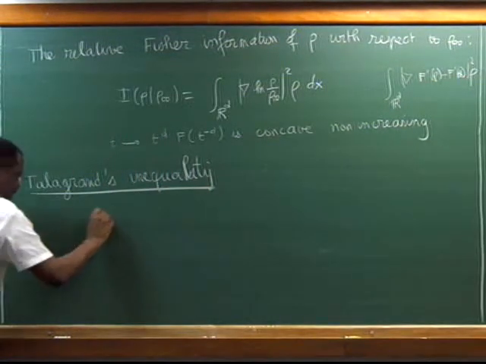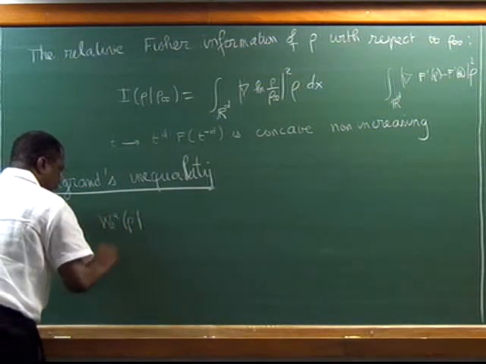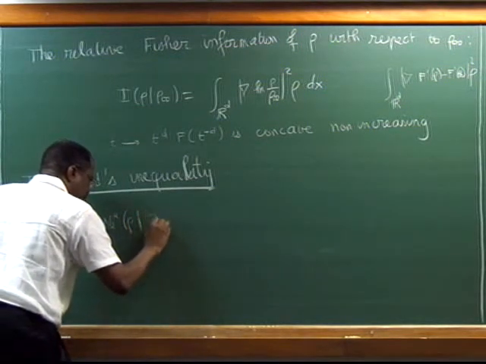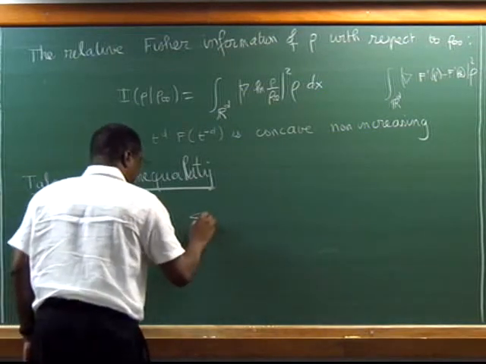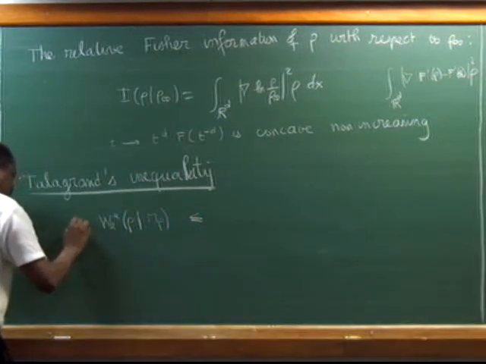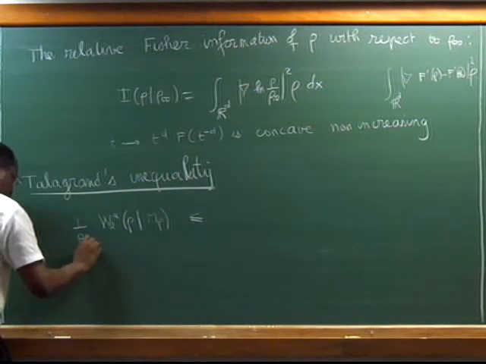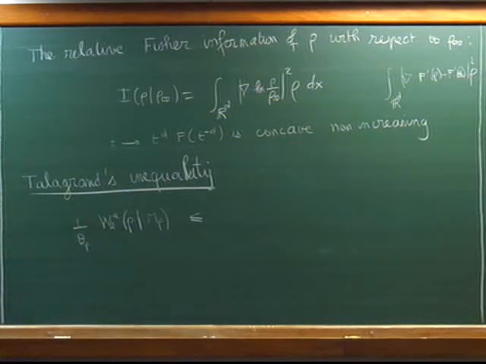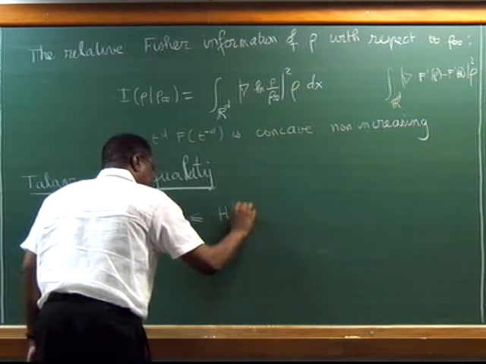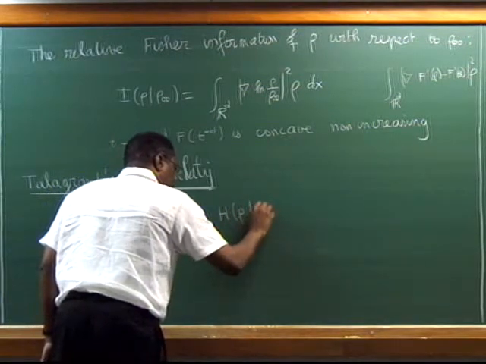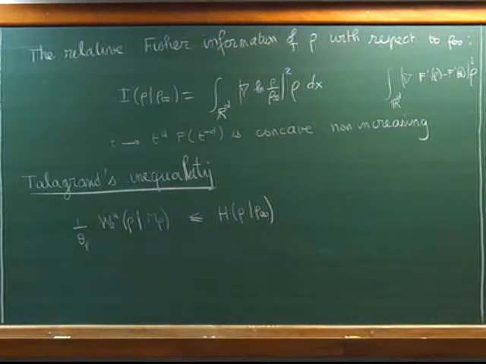The Wasserstein distance squared between any rho and the Maxwellian of rho, if I multiply this by theta, the temperature of the Maxwellian, is less than the relative entropy of rho with respect to rho infinity.